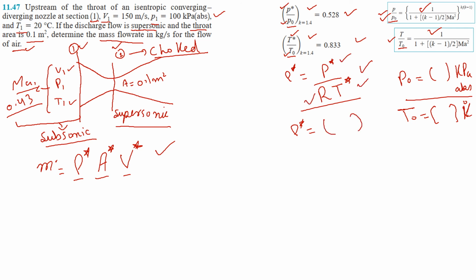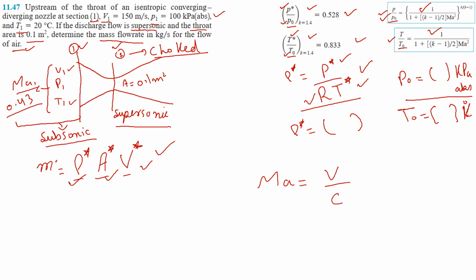So we will also have our density as well. So we have our density, we have our area, we need to find the critical velocity, and that critical velocity can be found by using our formula, that the Mach number is equal to V over C.